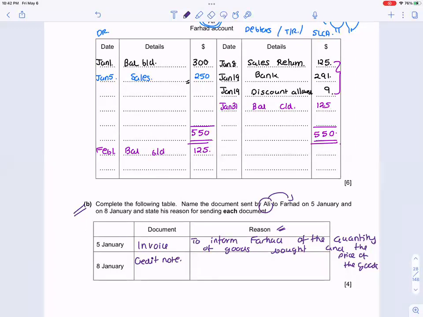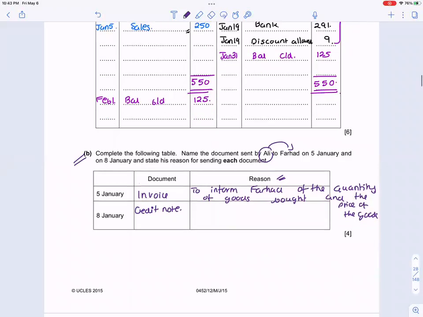Credit note issued, sales return. I'm repeating: invoice issued, sales; credit note issued, sales return.